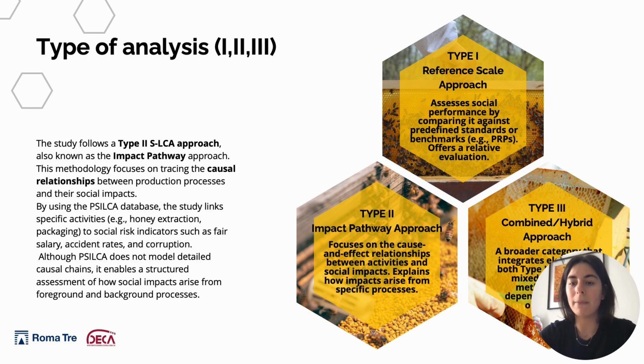This study is structured according to Type 2 social life cycle assessment, also known as the impact pathway approach, unlike Type 1, which evaluates social performance against predefined benchmarks. Type 2 aims to understand how specific activities can generate social impact.